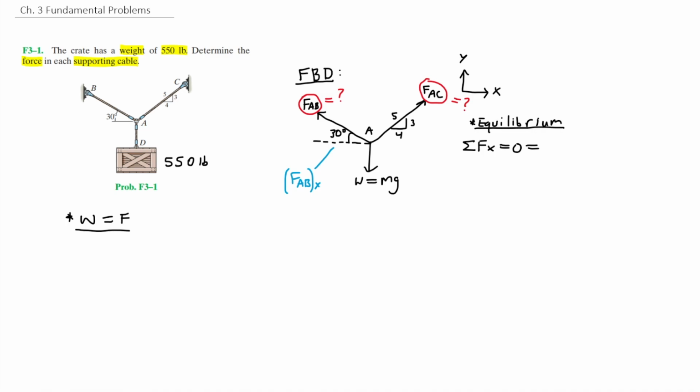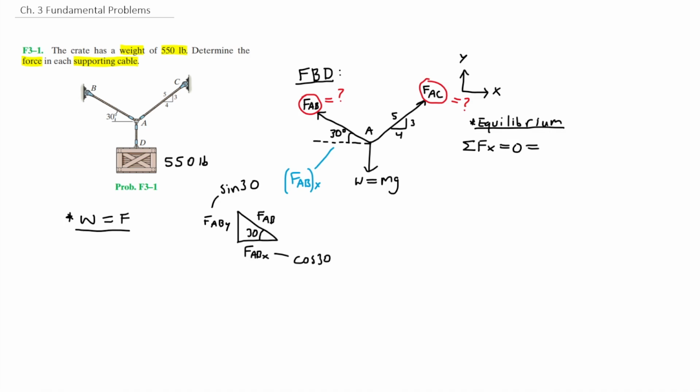To clear this up visually, I'm going to redraw the triangle that is formed between the force FAB and its x and y components. Here we can see that this part is cosine 30 and this is sine 30.